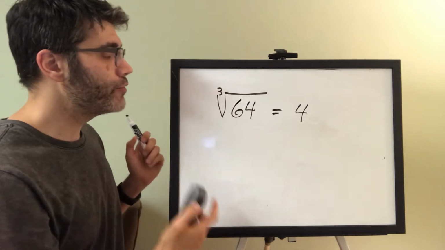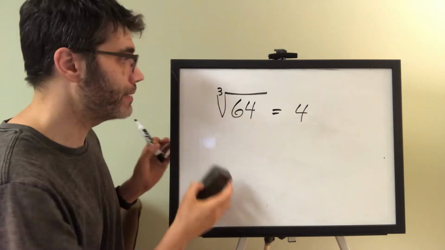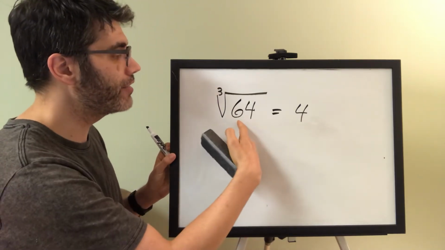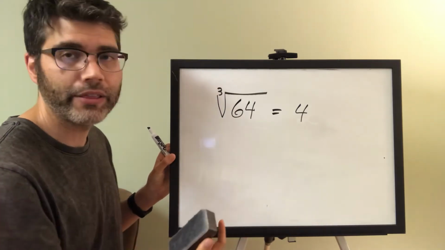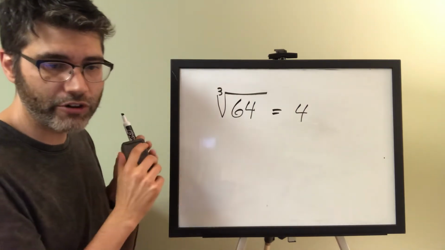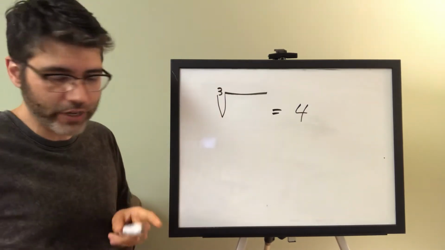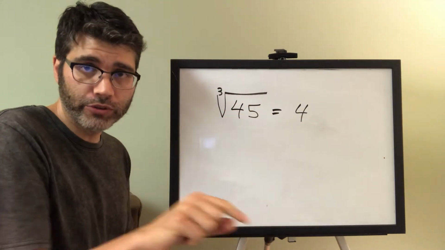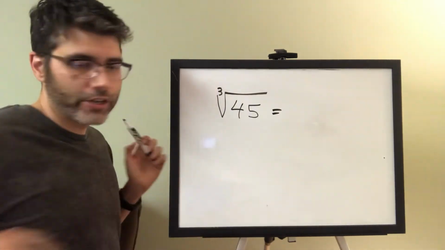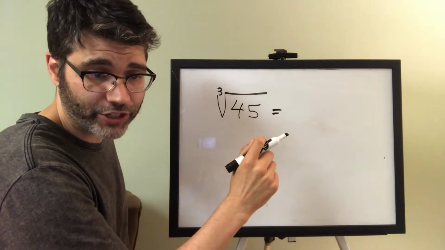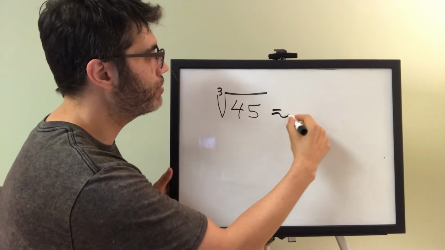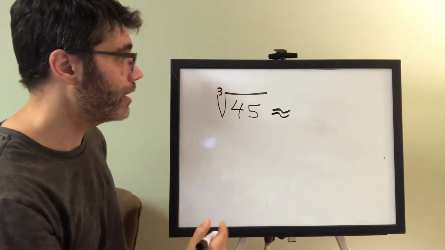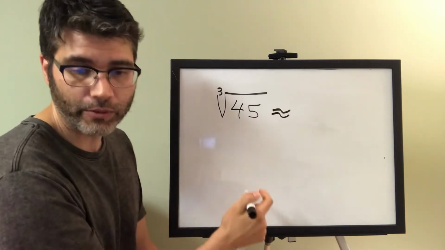Now, if you don't have a perfect cube inside it, you're going to come up with an irrational number. So here we came up with a nice integer. But if this is not a perfect cube, it's going to come up with an irrational number. So for instance, let's say the cube root of 45. If you type 45 into your calculator and you hit the cube root symbol, you will get this irrational number. Oh, by the way, I need to be putting this approximate squiggly sign because this is going to be an irrational number.